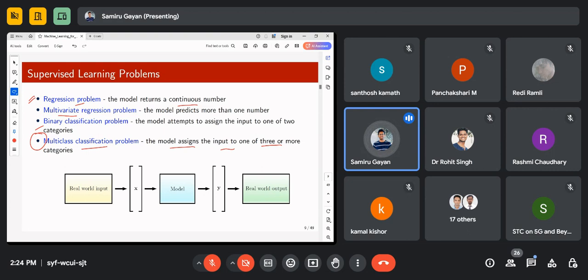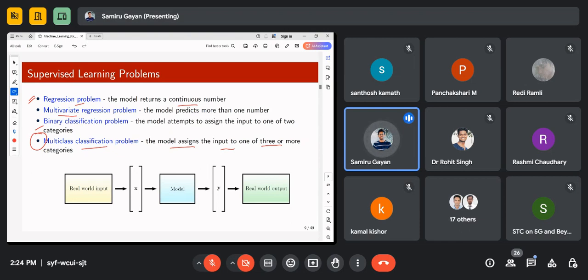But one important thing, even related to wireless communication, is how we input these details, how we encode the real-world input before giving it to the model.